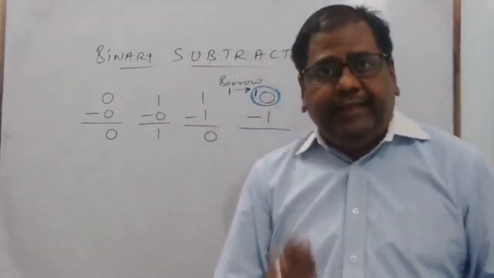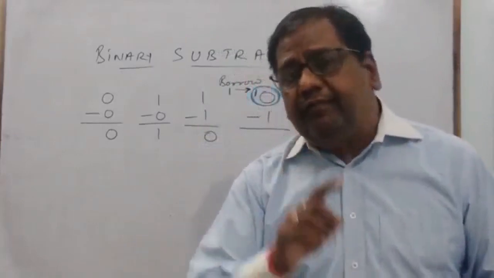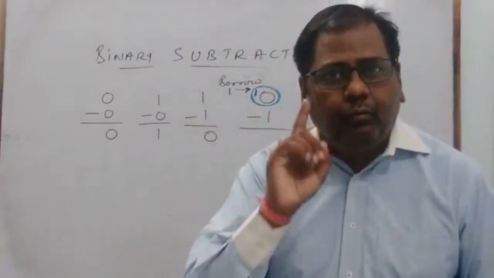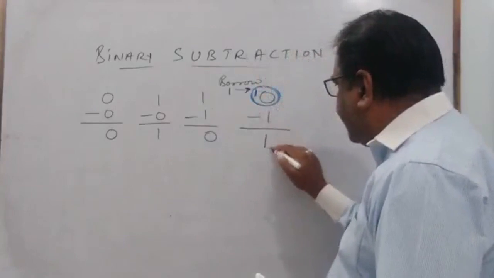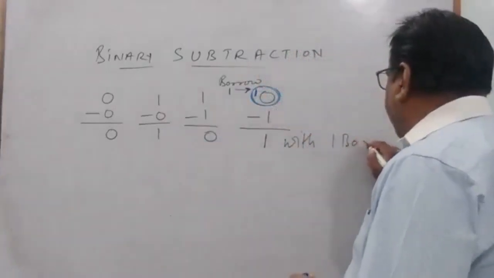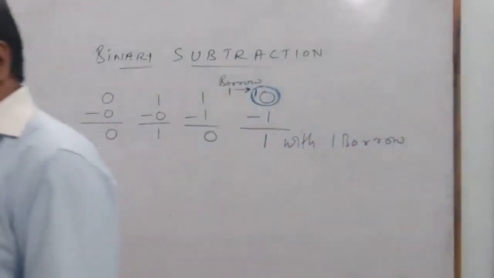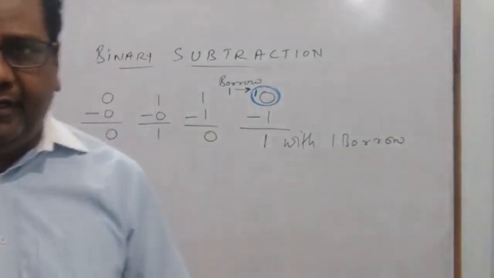1. That means when you are subtracting 1 from 1 0, the remaining value is 1. So when you are subtracting 1 from 0, you get the result as 1, and you get it with the help of a 1 borrow.